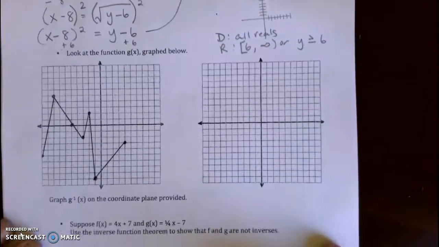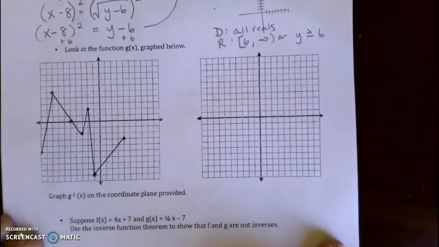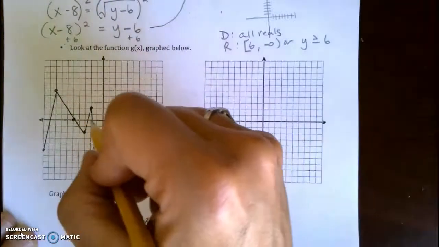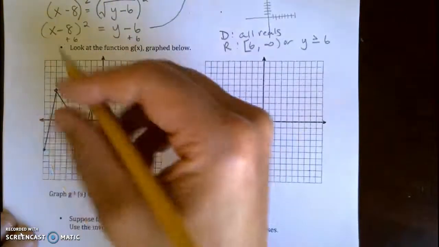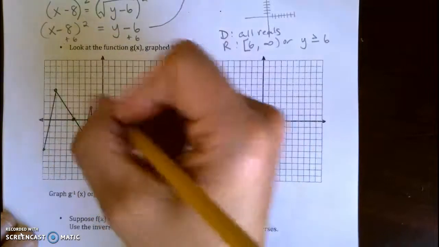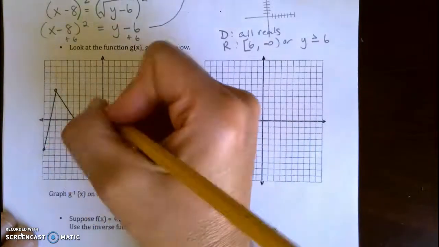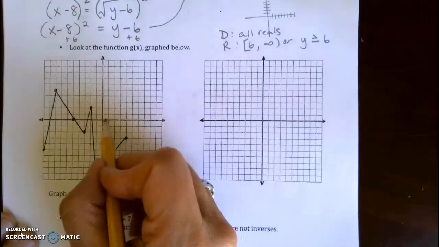Look at the function below. Graph the inverse. In order to do that, I'm first going to list all of the ordered pairs that each of these dots represents, and I'm going to go in order. I believe that this is a 10 by 10.